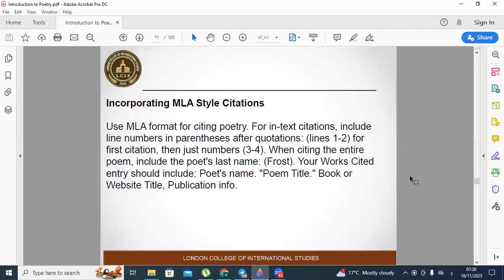Your works cited entry should include the poet's last name, first name, poem's title, book title or website title, publisher, publication year. For example, Frost, Robert. "The Road Not Taken." Mountain Interval. Henry Holt, 1916. Following proper citation format demonstrates academic professionalism and allows readers to locate your source.